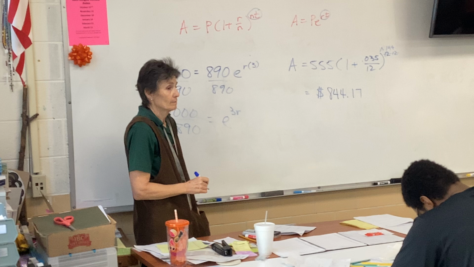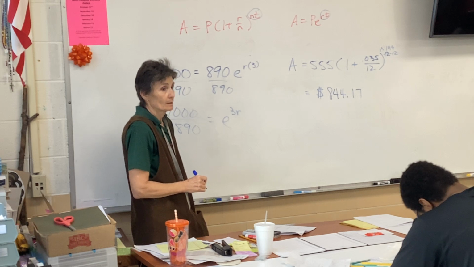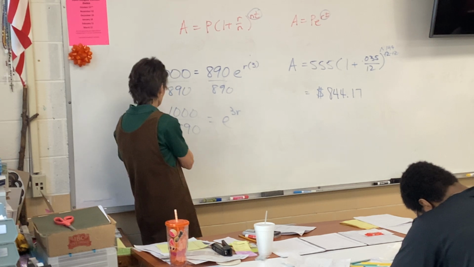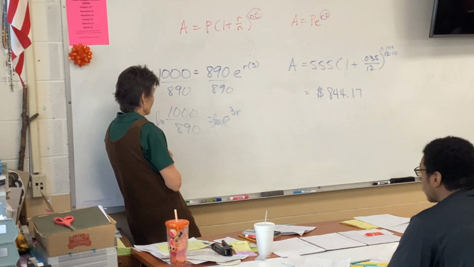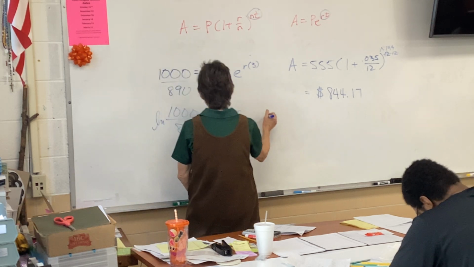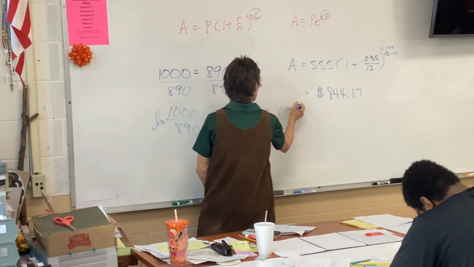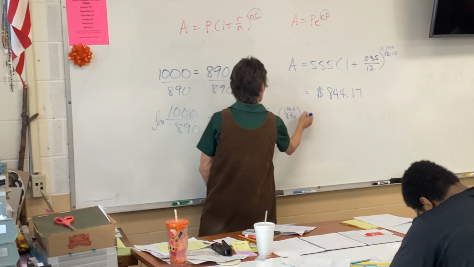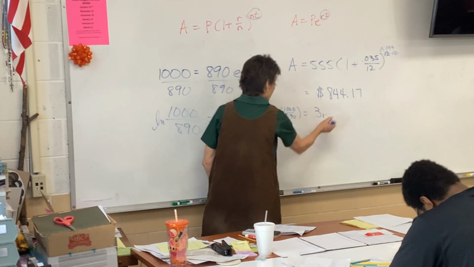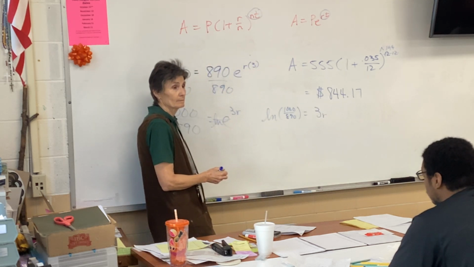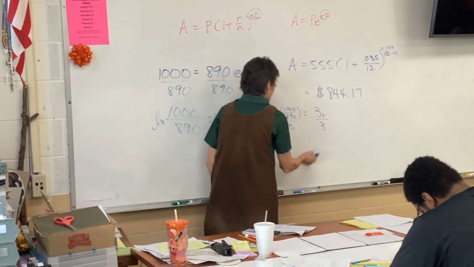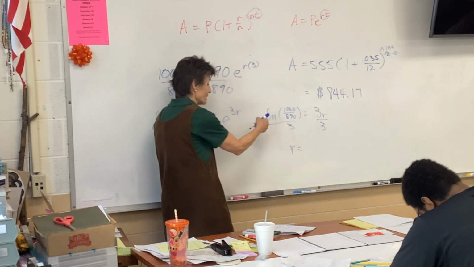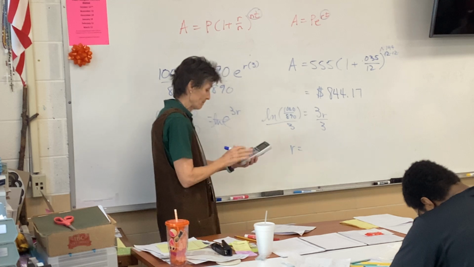And then what? ln both sides. So then we have ln of 1,000 over 890 equal to 3r. Divide by 3 and type that right there into your calculator.